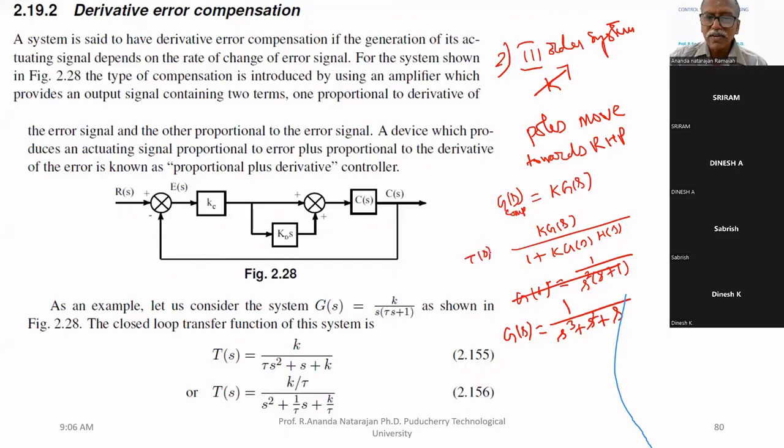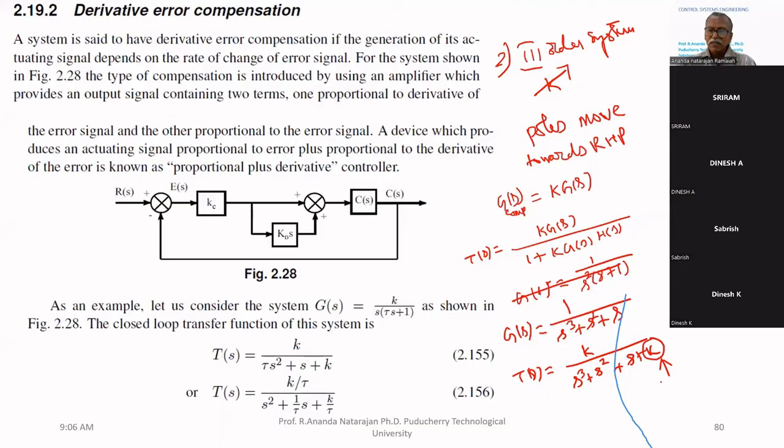The closed loop transfer function T of s equal to k upon s cube plus s square plus s plus k. So the denominator becomes a function of k. If you find the closed loop transfer function, in place of G of s we substituted 1 upon s cube plus s square plus s, and you get k upon s cube plus s square plus s plus k.